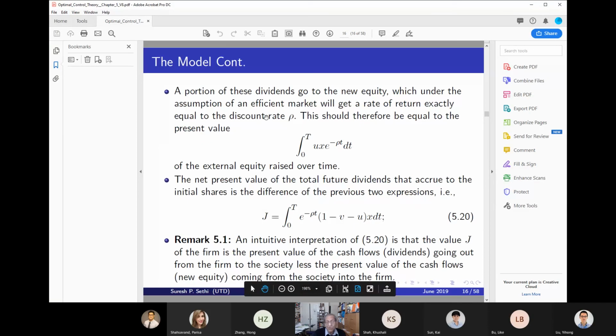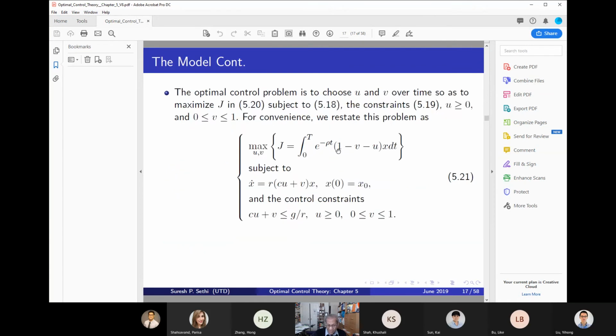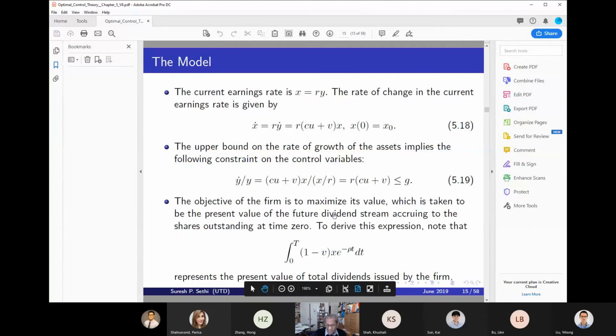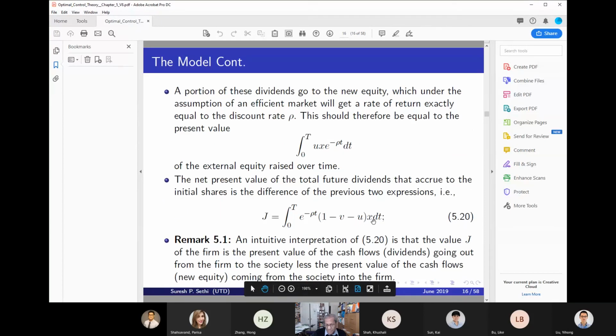Why should they give them more than rho if all they want is rho? That means that if I bring in this much money and its discounted value is that much, then that's the money they will get. The dividend going to them cannot exceed this, because if it exceeds this, it will give them more than rho. So I subtract this from this, and the value of the company then becomes this.